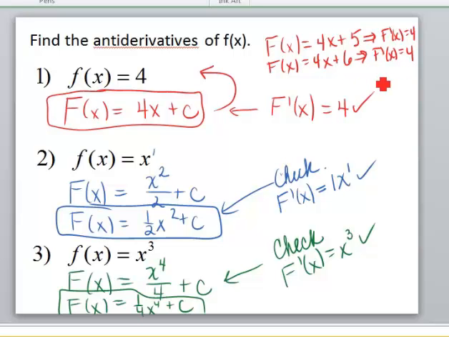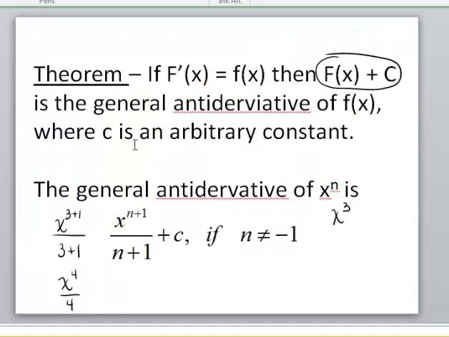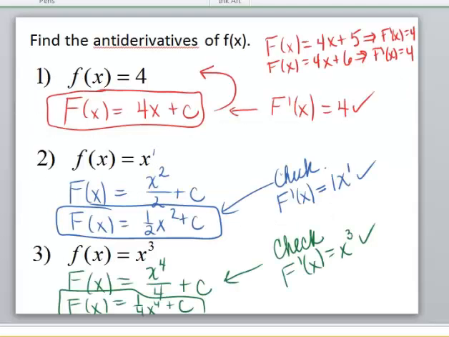So that's why when we take the antiderivative, we've got to add this plus c, because c is an arbitrary constant. We don't know what's being added on. We don't know what the constant is on our original functions unless we're given more information about it. So we always have to remember that plus c. Do not forget the plus c, otherwise it will be incorrect.